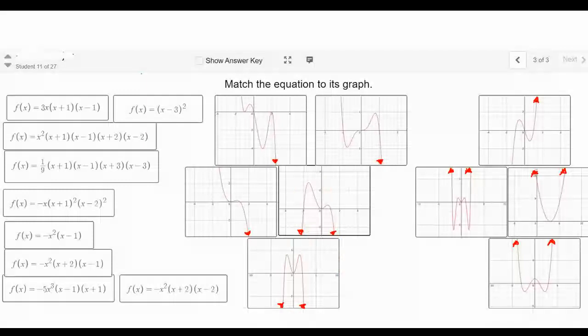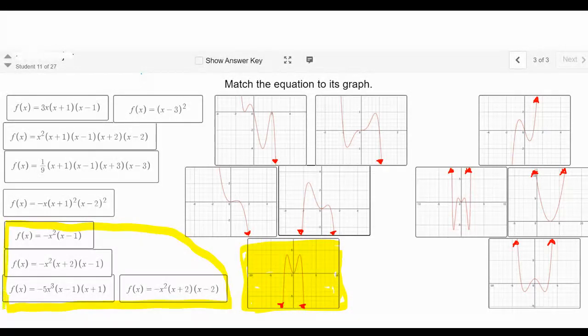Now, I'm going to choose a graph to work with. I think I picked this one. It'll show up on another slide. I'm going to work with this graph right here. Since both arrows are down, I also made a copy of all of these graphs because they all have lead negatives. That means both arrows are down.